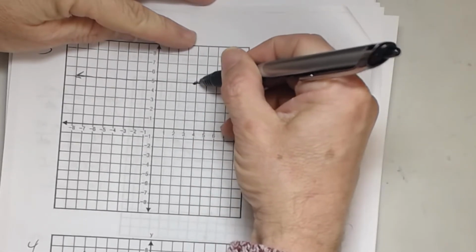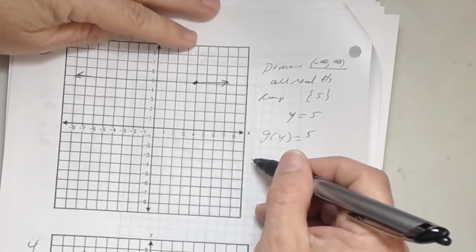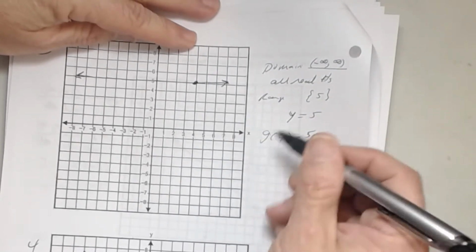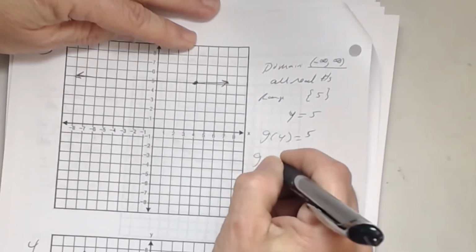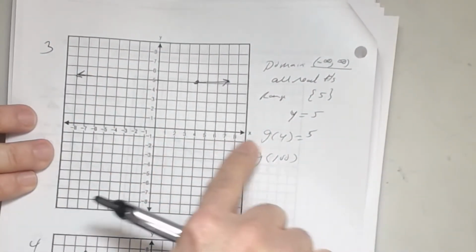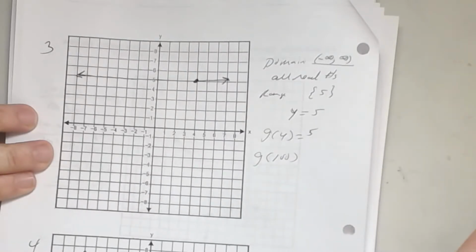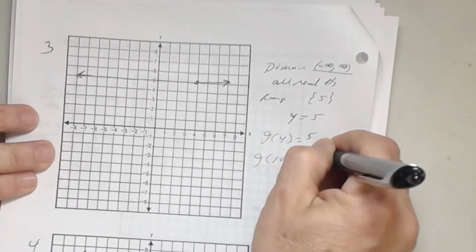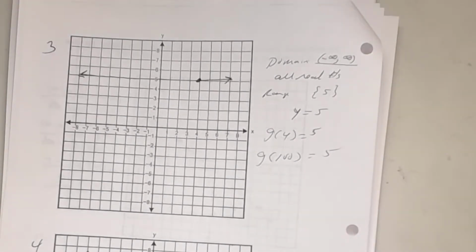And so what's that y value? 5. In fact, my y value is always going to be 5. That's what we talked about with the range, right? So if I ask you what's g of 100, you don't see x equal 100 here, but it is on the graph, right? What's g of 100? 5. That's what that means. My y value is always equal to 5.